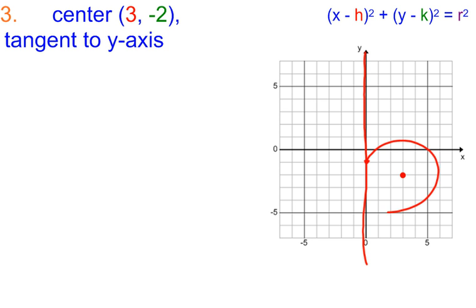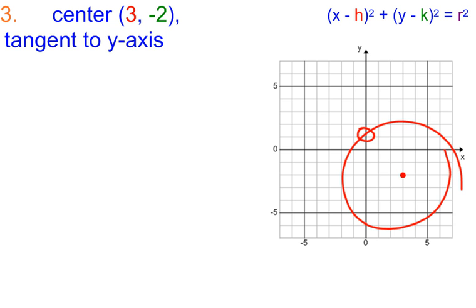So if I draw this circle, whoops, I'd cross it again, wouldn't I? So that point can't be what means it's tangent. For me to be tangent to it, any circle I draw here, I can't cross the y-axis twice. See how here I've crossed it twice? That's not tangent. I need to just touch it in one spot. Well, the only way that would happen is if my point was right here.